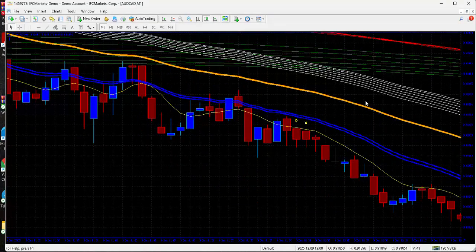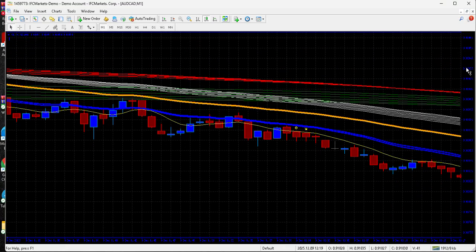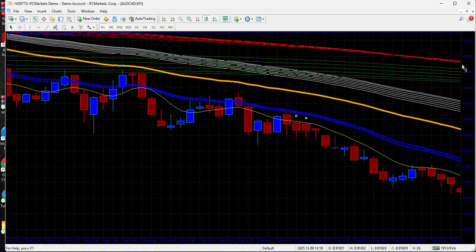All right, we got a good transition now. The white line is now below the other lines. So the white line is below the green and the red. So now we are only looking to take down trades. Now, if you realized what was going on here and you got this, you could have capitalized and got a 5 minute trade.